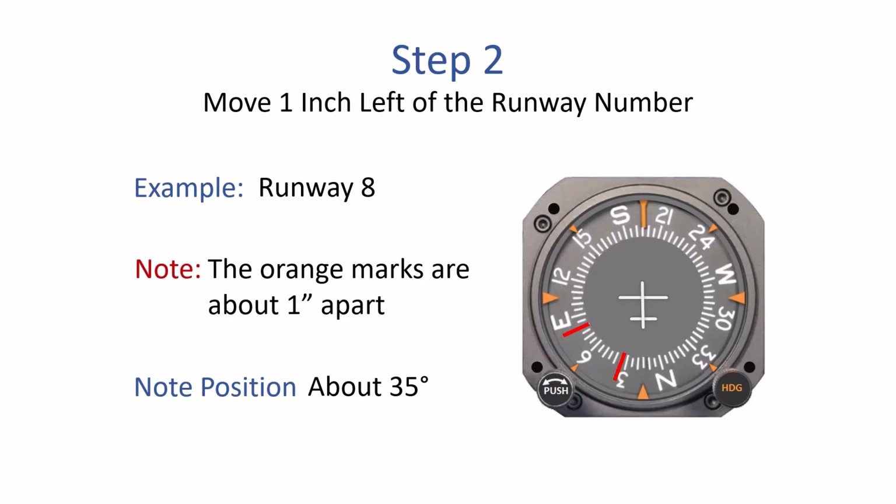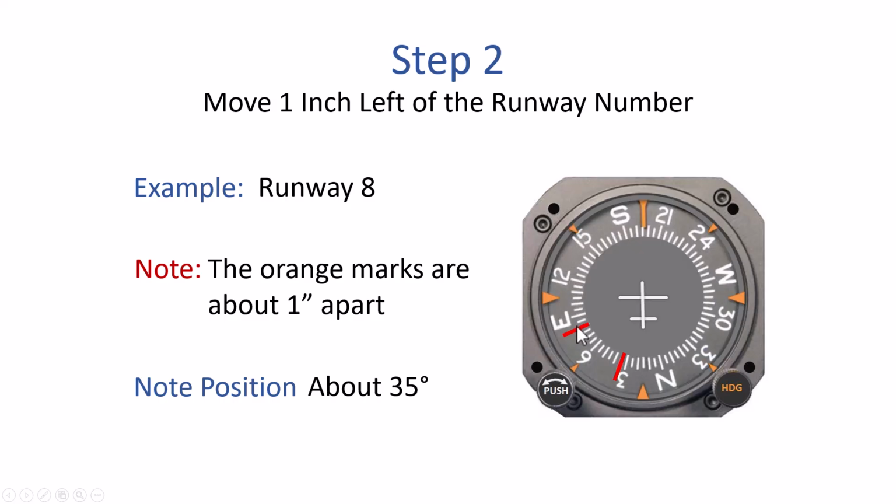Note that the orange marks are about 1 inch apart on the heading indicator. All heading indicators have little marks every 45 degrees. If you look at all these marks, they're all 1 inch apart. Obviously not in this picture because I blew it up bigger for you to see it, but they're typically about 1 inch apart. So you can use this as a reference of spacing of 1 inch.